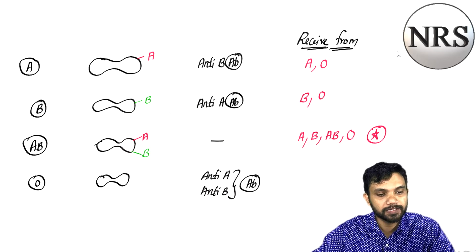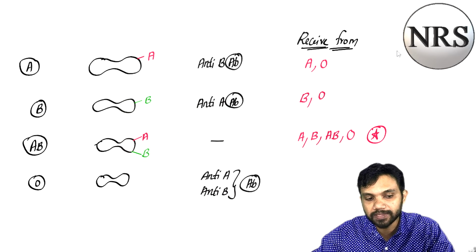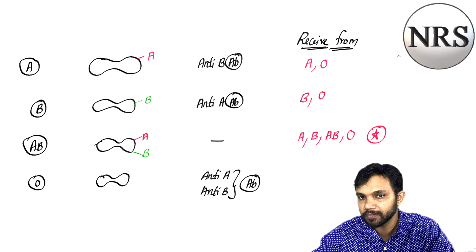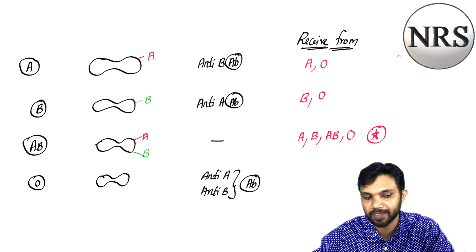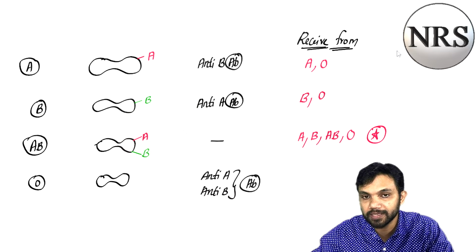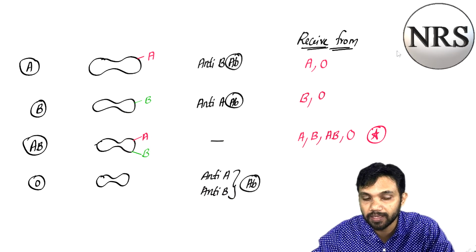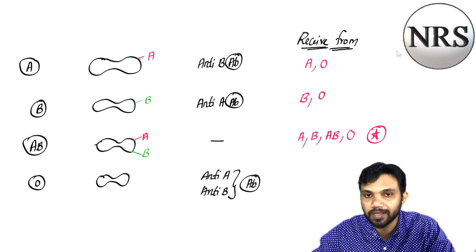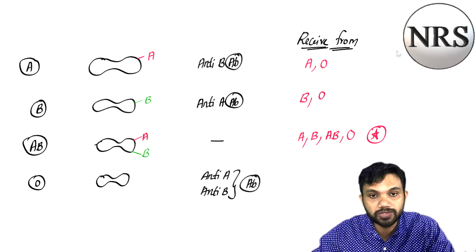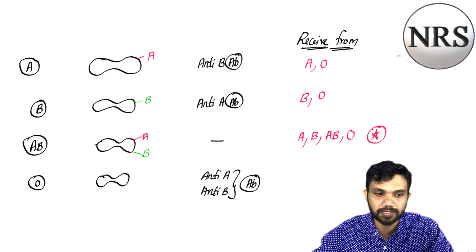Now let's see O. Can he receive from anyone? No. He is not aware of any antigens. He doesn't know what A is or what B is. His body is going to destroy any RBC that has an antigen on it.